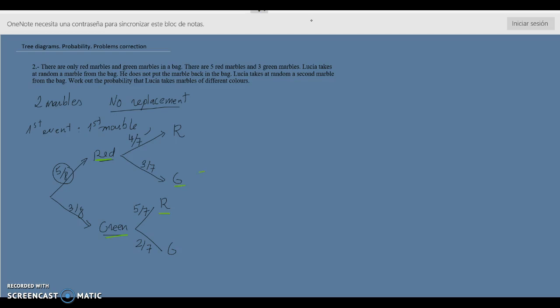So 5 over 8 times 3 over 7 and 3 over 8 times 5 over 7. So the probability of a different color is 5 over 8 times 3 over 7 plus 3 over 8 times 5 over 7. This is 0.53.